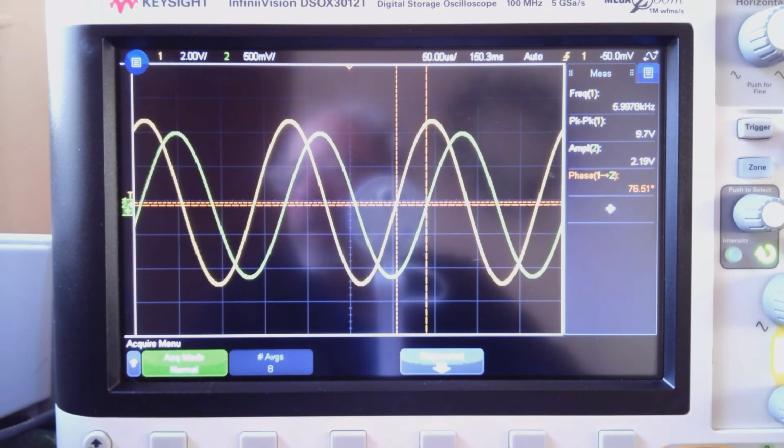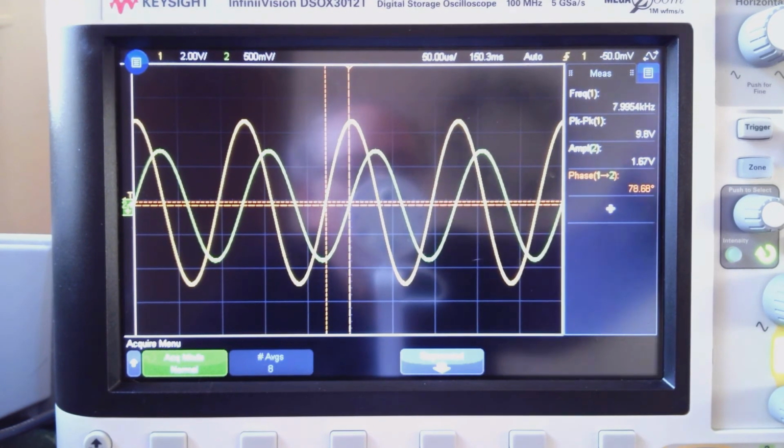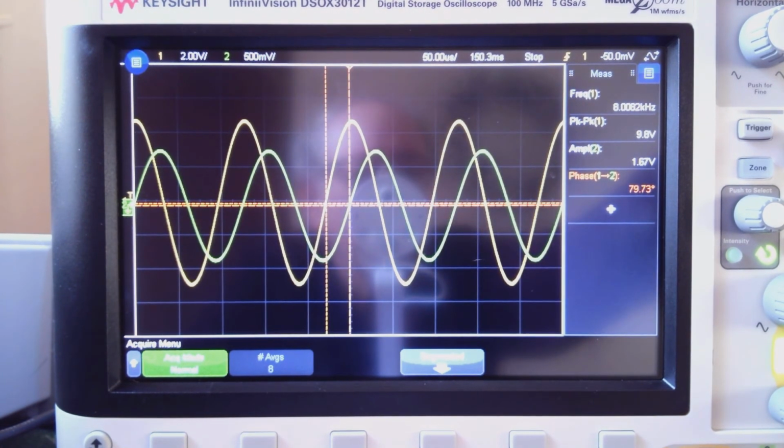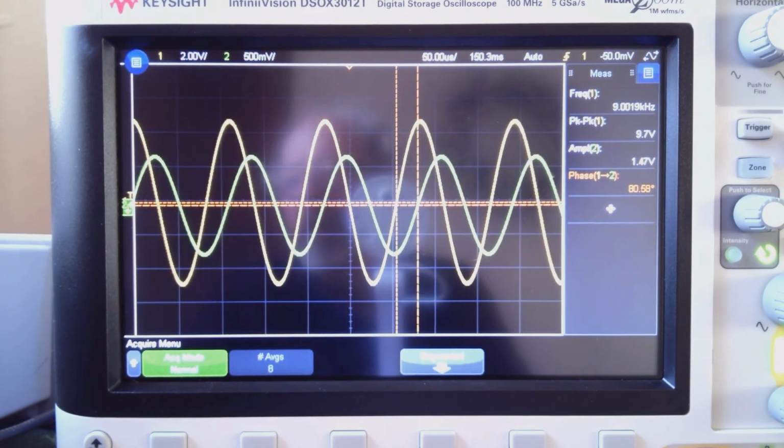Let's go to 8 kilohertz. At 8 kilohertz, 9.7 volts going in, 1.67 volts coming out, and a phase angle of about 79.3 degrees. Let's go to 10 kilohertz.